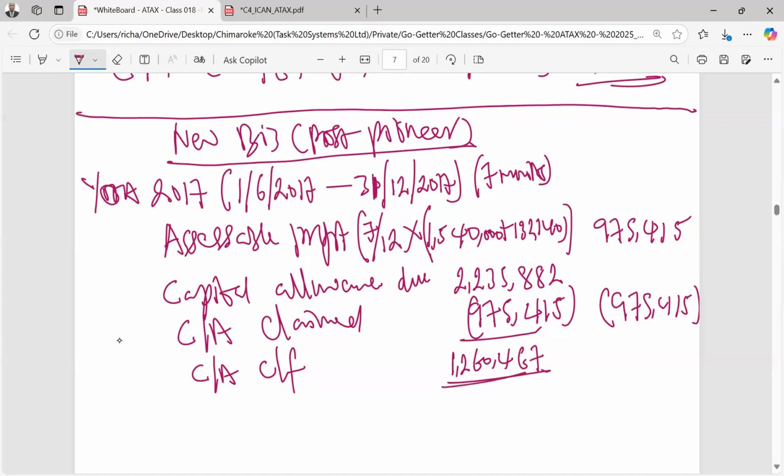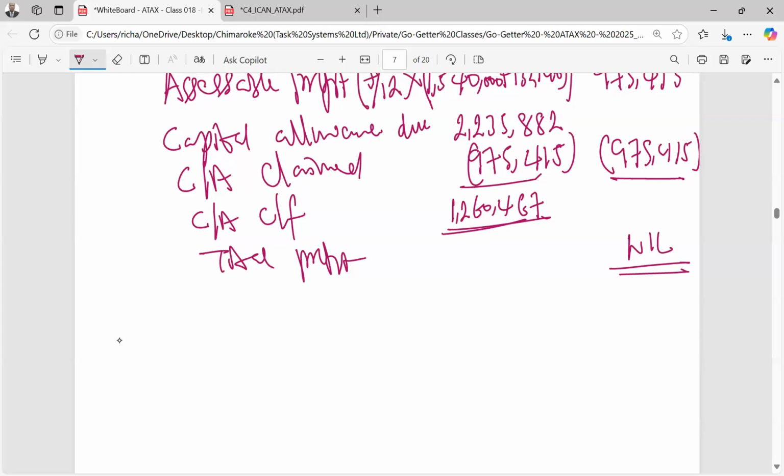This is what we are going to carry forward. And so your total profit is going to give us nil. So that's nil, and your company income tax at 30% of total profits is going to give us nil.